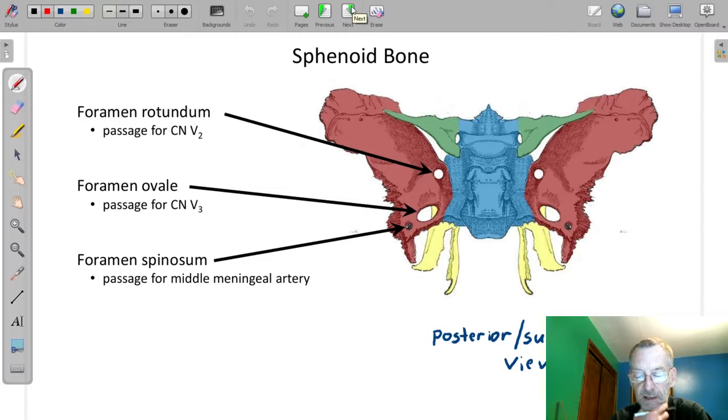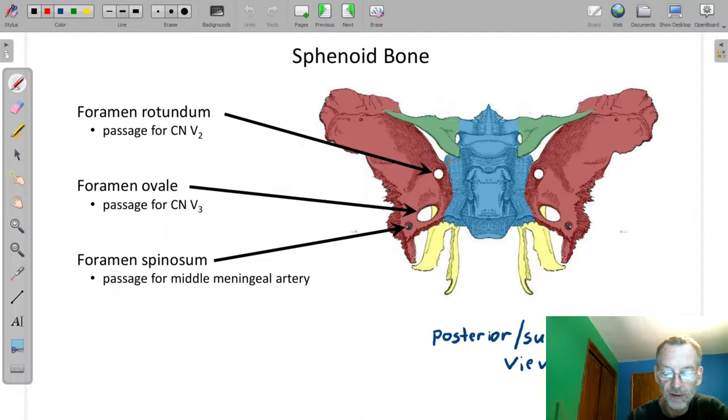Back to the same view of the sphenoid bone, and I put in the identification for the openings and what passes through them.